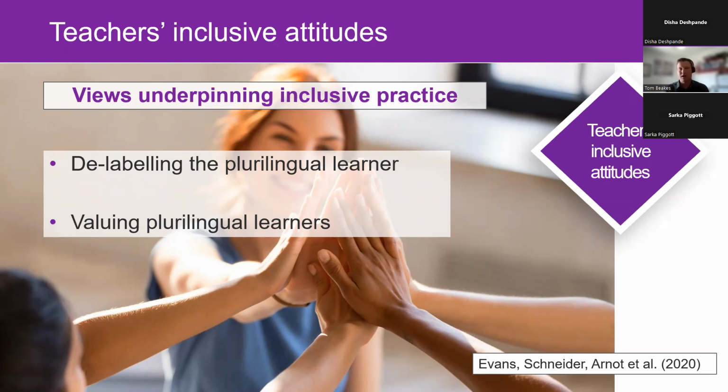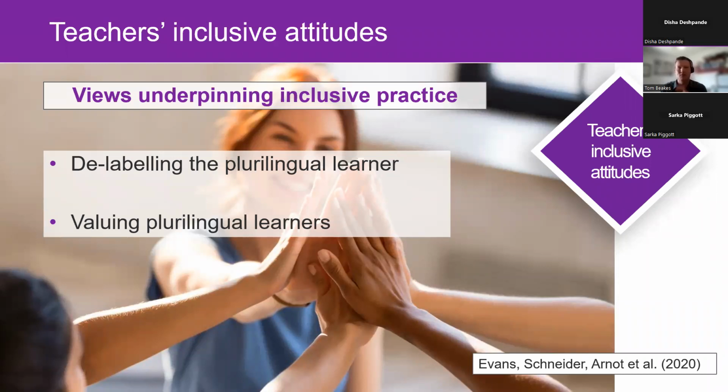These work really well and have been shown to improve learning outcomes for all learners, regardless of their first language, but they're also really, really effective for plurilingual learners because they give them extra support. So it's finding those links and making that clear to staff.